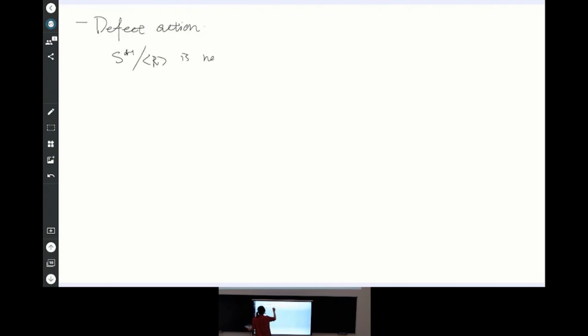It's not smooth. We need a defect action, let's call it S_D, for defect. So these defect actions are localized on the singular locus. And the first comment I want to make is that the contribution from the defect action is always subleading.